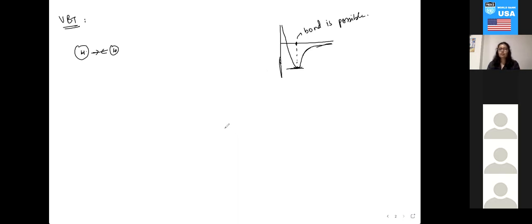Just going into somewhat more detail. According to valence bond theory, what is happening is there is overlap of the atomic orbitals. So this is what we call the covalent bond or chemical bond.